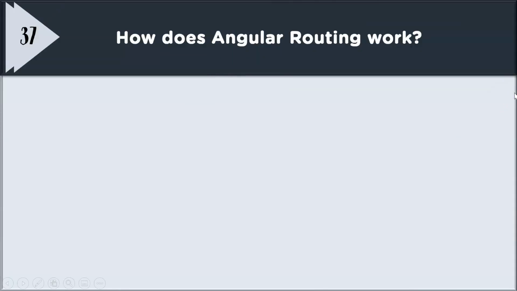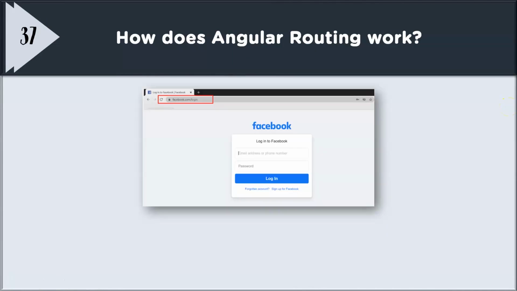Next up, how does Angular routing work? I'm sure you must have observed that the URL changes every time you click on your user interface on an application, correct? Every time you navigate through the application or move from one page to another, the URL changes. This means that the application is being routed.